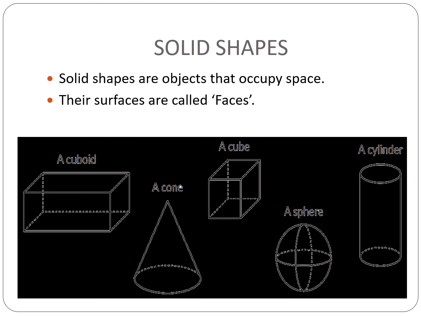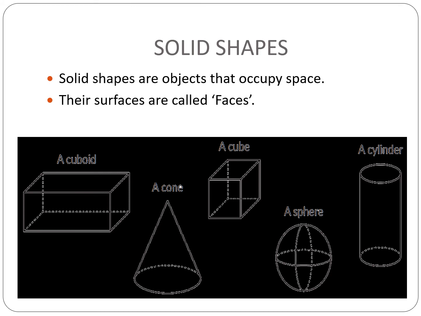Now, what is a cuboid? A cuboid has 6 rectangular faces where opposite faces are equal. The second one is a cone. It has 2 faces. The third one is a cube.